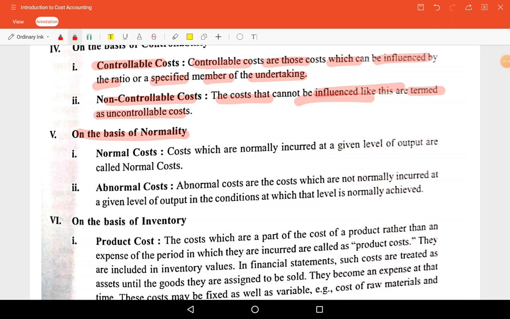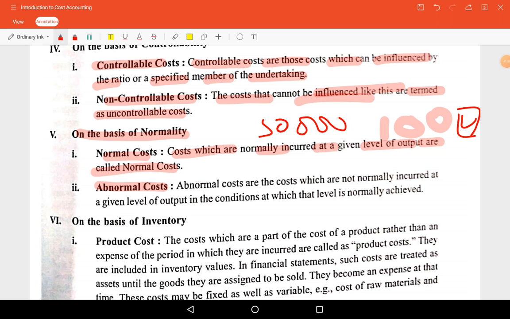On the basis of normal costs, the costs which are normally incurred at a given level of output are called normal cost. Suppose to make 100 units, whatever cost should be incurred is normal cost. If normally to produce 100 units it takes 50,000, that 50,000 is your normal cost.